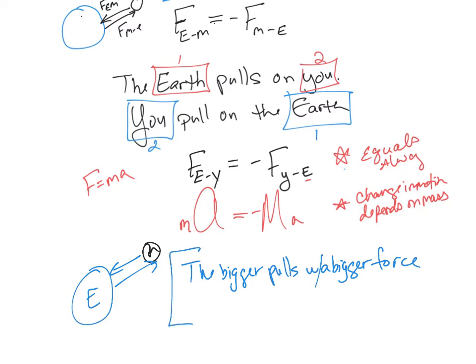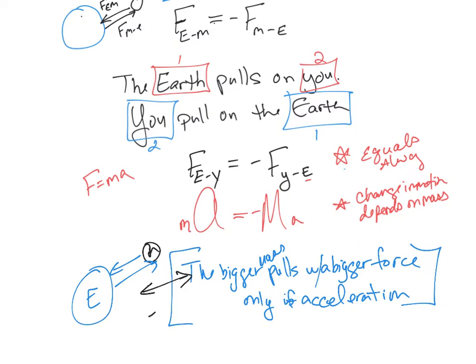The bigger mass pulls with the bigger force only if the acceleration is the same. The object has a bigger acceleration with the bigger force only if the mass is the same. So you have to kind of watch out for that. So these two things do not apply.